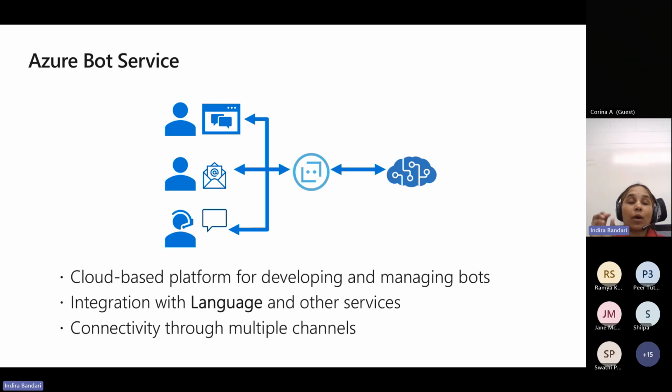Now, after deploying it, you need some content for the bot to respond to you. There will be default content, like if you say hello, it can say hello. Those default texts are available in the Azure Bot Service. But if you want to create a bot for your knowledge base, then you integrate it into the question answering service of natural language processing.